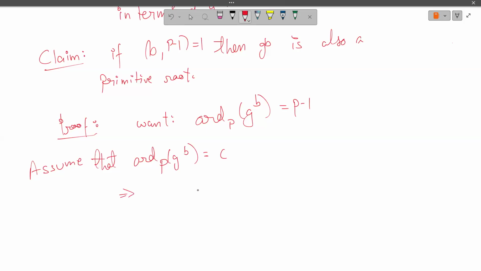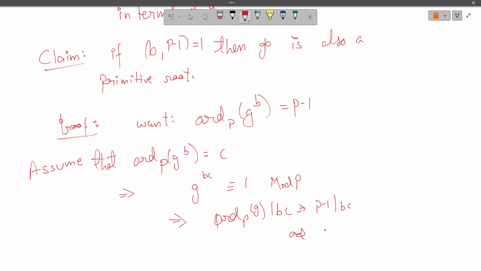That implies g raised to the power bc is congruent to 1 modulo p. But that implies that, sorry, the order of g mod p divides bc, which is the same as saying that p minus 1 divides bc.